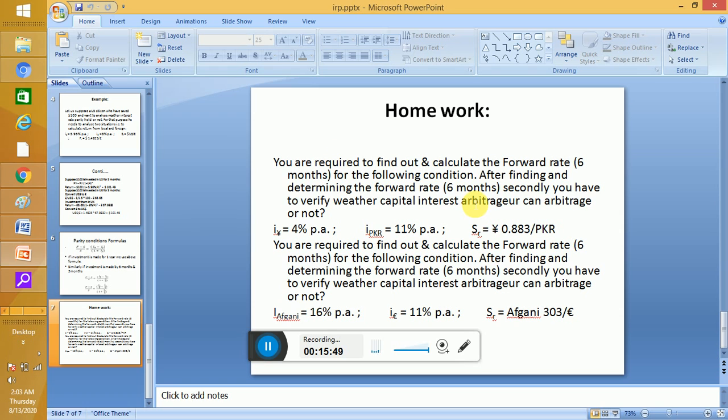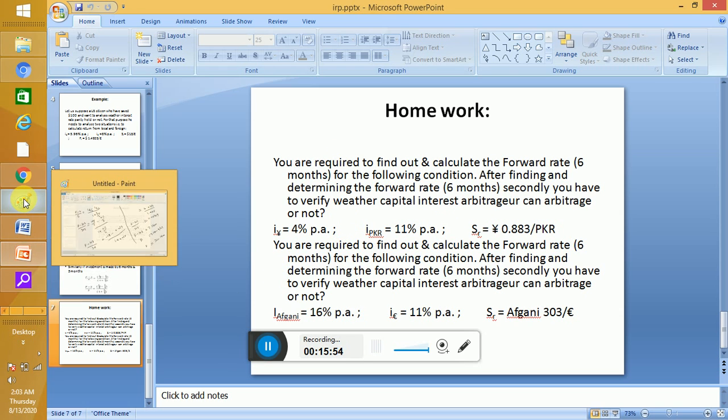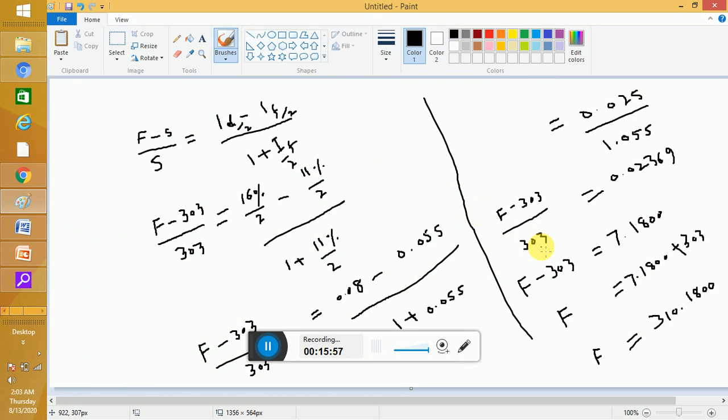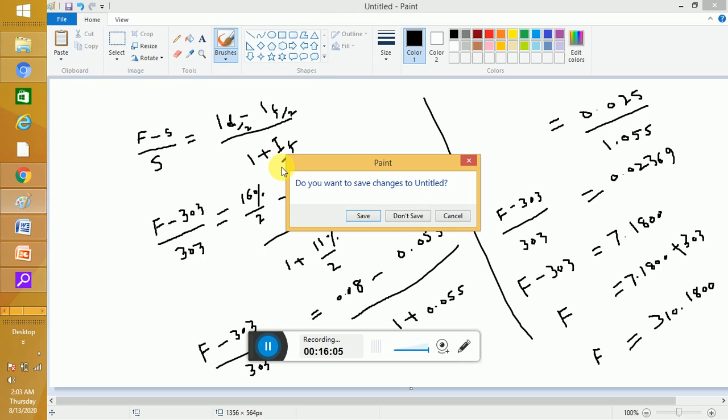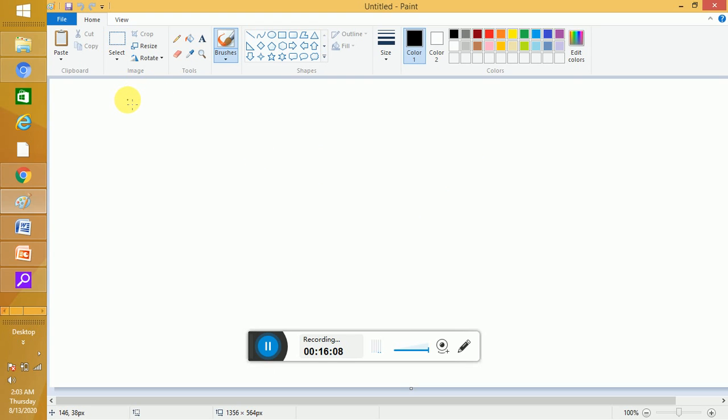So, okay, I will solve this. So this rate, 310.1800. Keep this in mind. So see the data. Spot rate is given, forward rate is given, interest in domestic currency is given, interest in foreign currency is given.